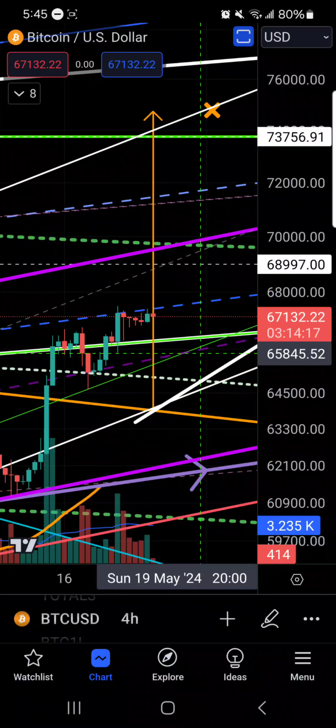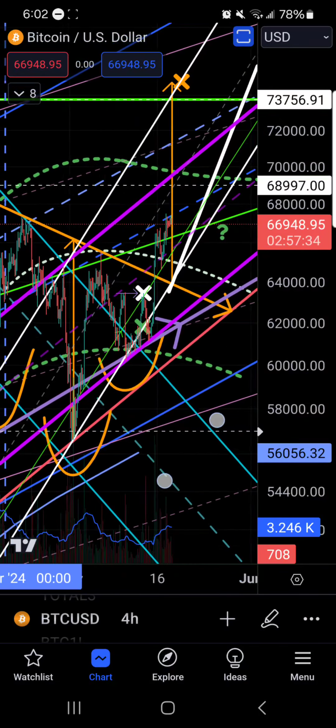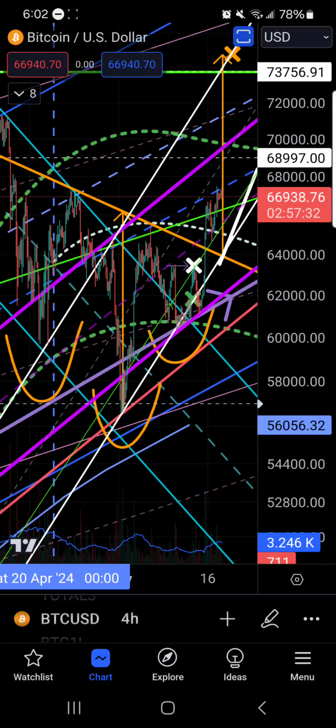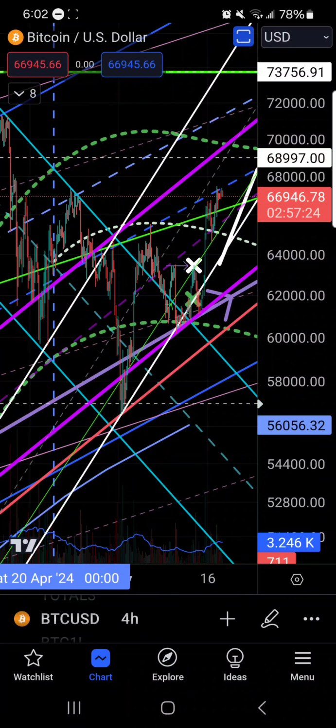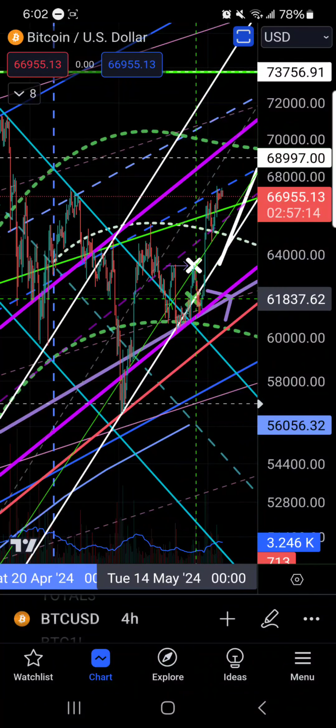There we go. Let's see what else we can do. Alrighty, now we can turn off this inverse head and shoulders stuff for now, just to get it out of the way. We can always bring that back up, and then the next thing I'm going to do is group all these little icons together, all these little X's and question marks and stuff, and get rid of them.